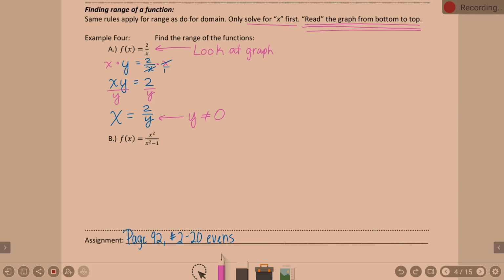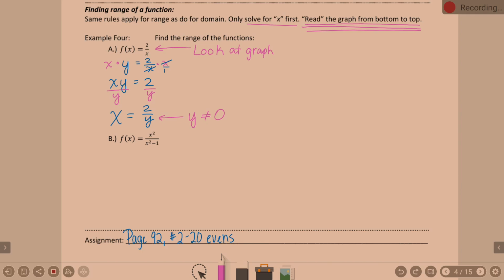There's an asymptote here, I'm not going to touch 0. And then we go infinitely off to the left. We're never ever going to touch 0. But then my graph picks up on the right, and this time it picks up above 0, above the x-axis. And then it goes infinitely up.